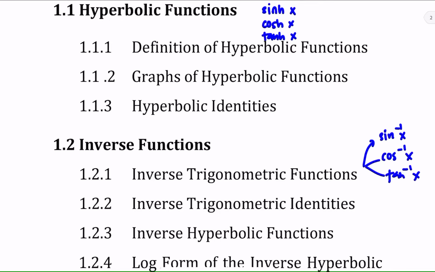For the inverse hyperbolic function, we have sinh inverse x, cosh inverse x, tanh inverse x. So these are the functions that we're going to look into in this chapter.